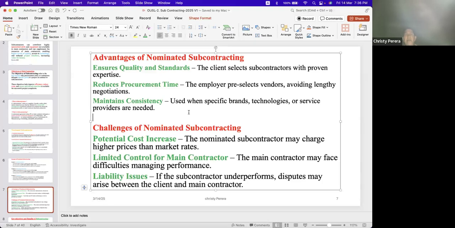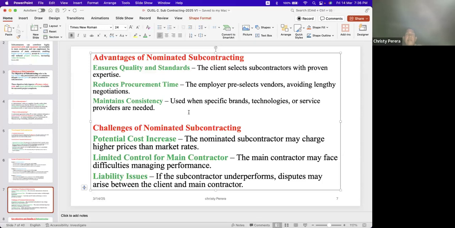Challenges of nominated subcontracting. There are some challenges, some problems. Potential cost increase: the nominated subcontractor may charge higher prices than market rates. That can happen, no? It's a normal situation sometimes, because he will think that we have nominated him, that we have selected only him.